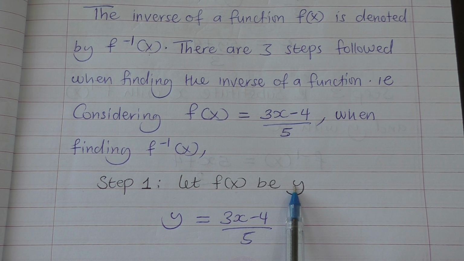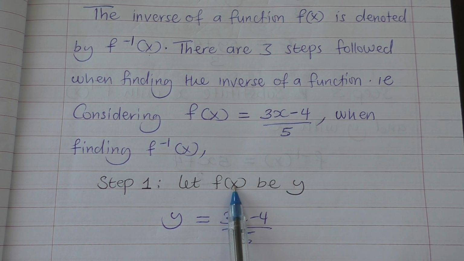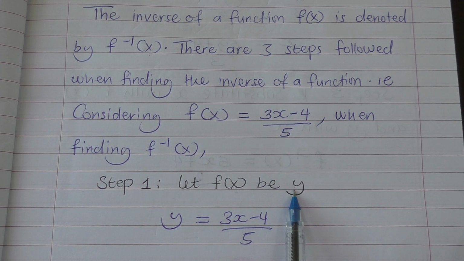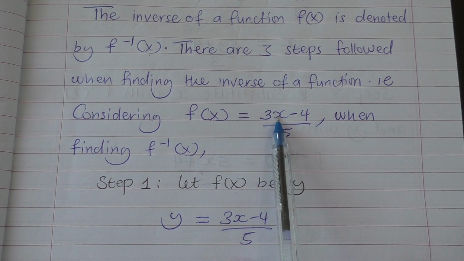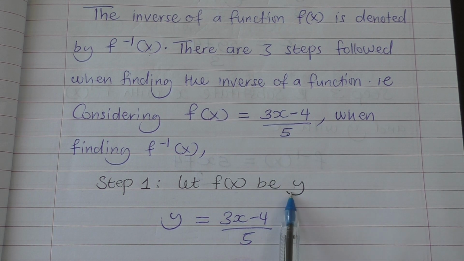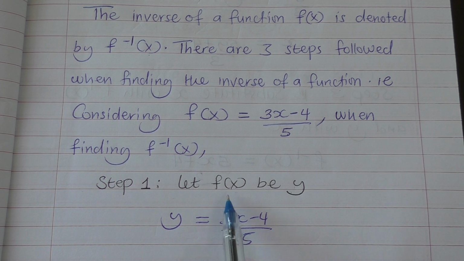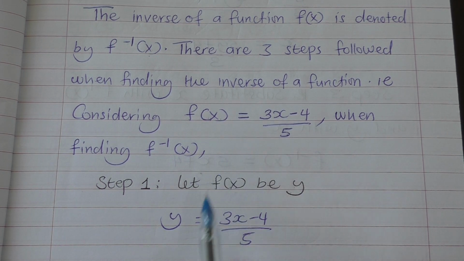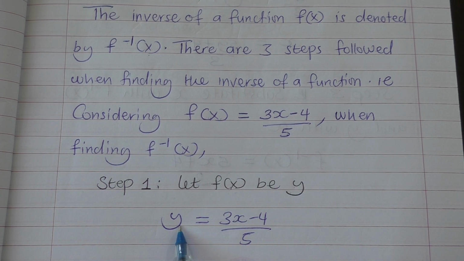Don't use x because we already have it in the question. So it can be any letter apart from that you have in the expression. You can use k, y, w, h, and so on. So you substitute where you have f(x), you replace it with that letter, and that's step 1.